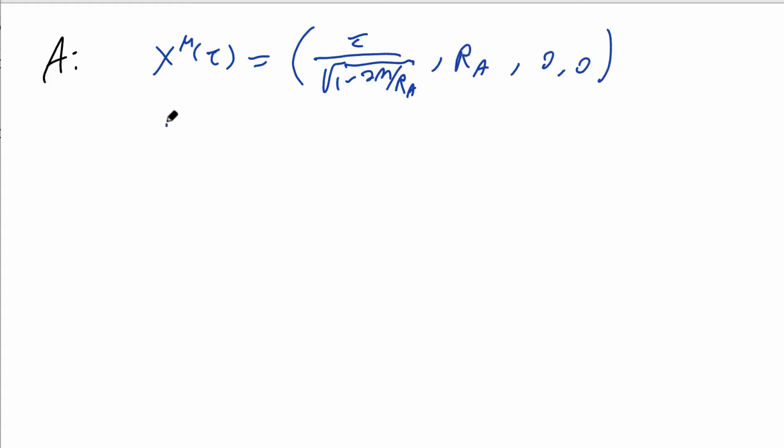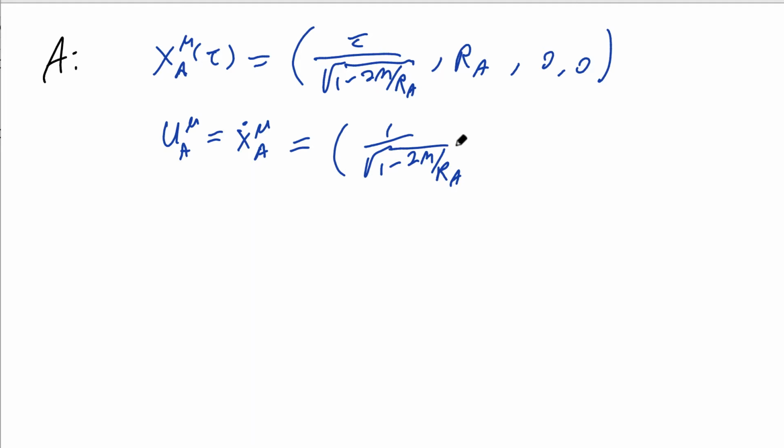And we can check that the four-velocity for A, I'll put a little subscript a there, is just the tau derivative of x mu of A. That's equal to 1 over the square root of 1 minus 2m over r sub a, comma, 0, comma, 0, comma, 0. And we can check that UA dot UA is properly normalized to minus 1.